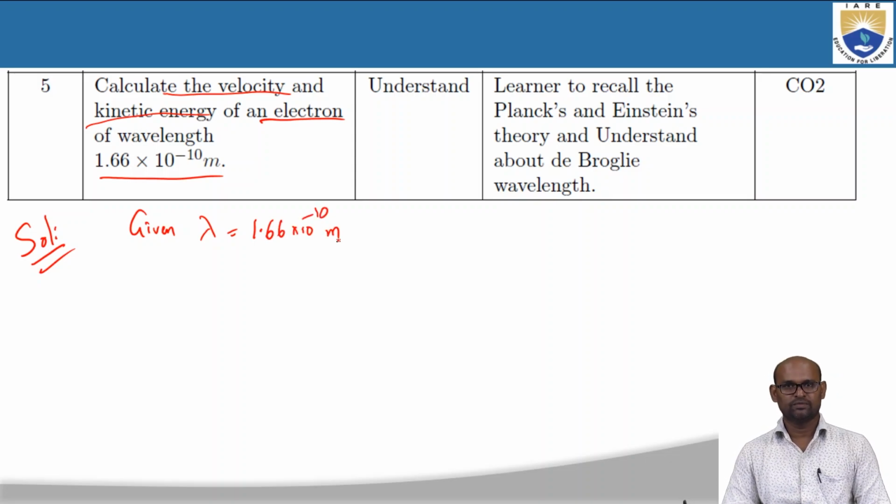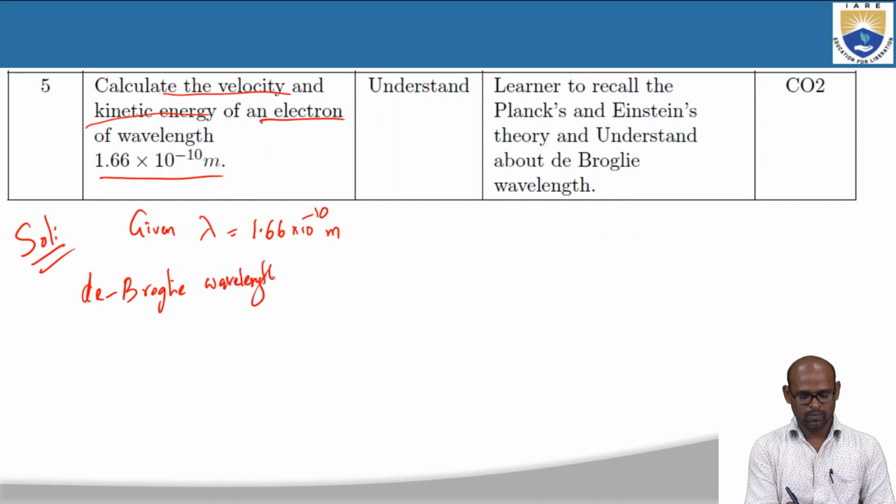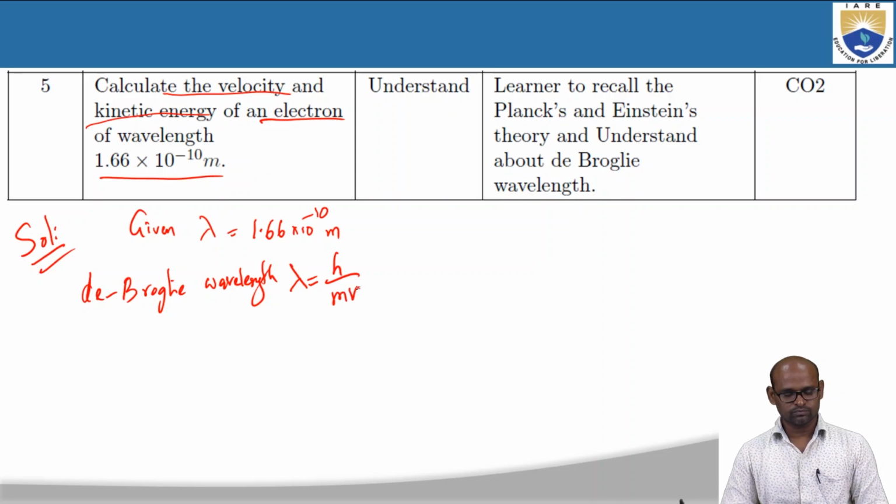First we need to calculate the velocity, so we are going to use the de Broglie wavelength equation. Lambda is equal to h by m into v, right?